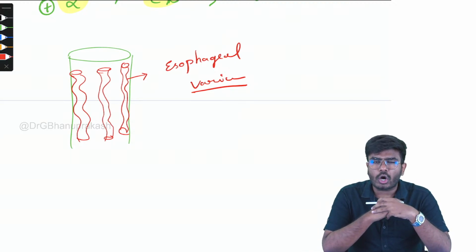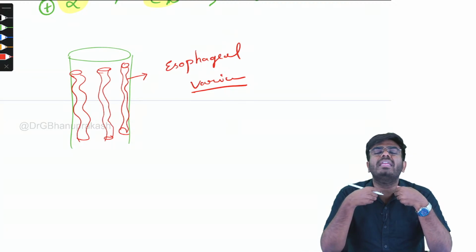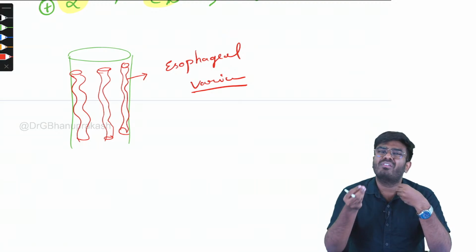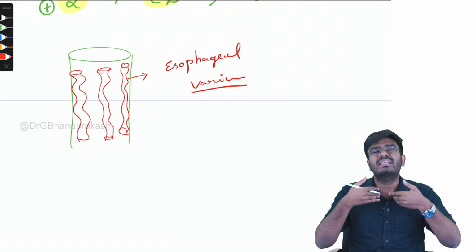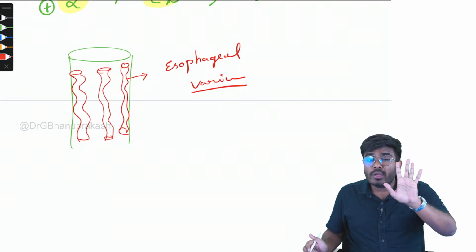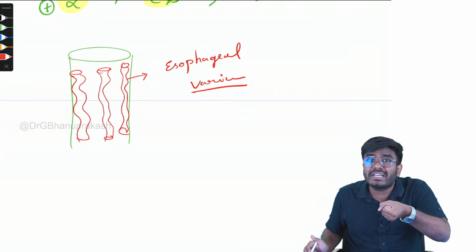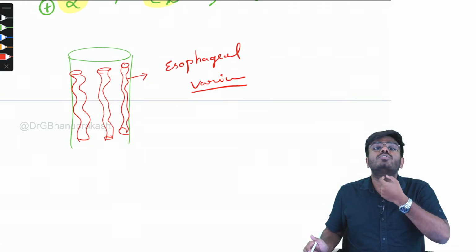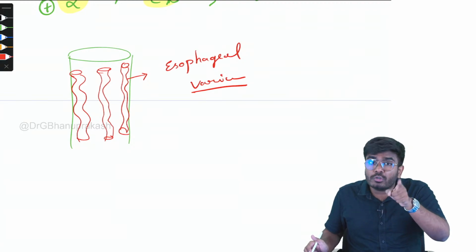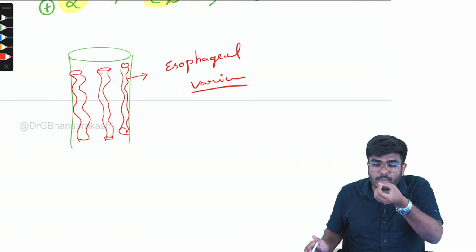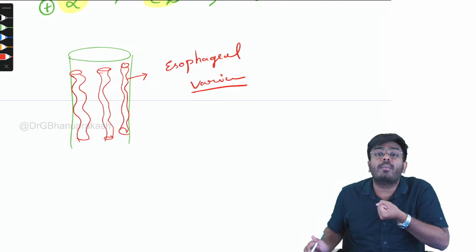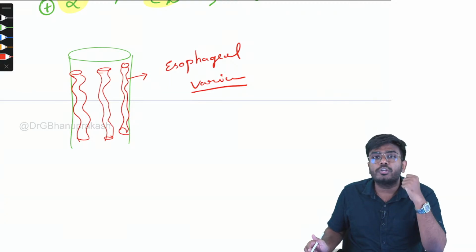Now, as a good doctor, what should you do? Whenever the patient is eating, such dilated, tortuous veins can rupture and cause GI bleeding. You have to constrict those blood vessels and make them go back to their normal patency.